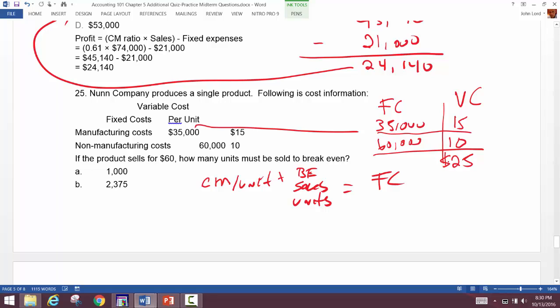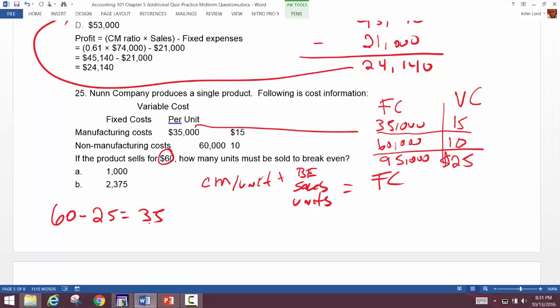Okay, so when I do that, then I know that my variable costs are $25 per unit. I know that my fixed costs are 95,000. If my sales price per unit is sitting here at 60 minus 25, that's got to equal $35 per unit. Am I doing my math right here? 60 minus 25 is 35, right? Okay.